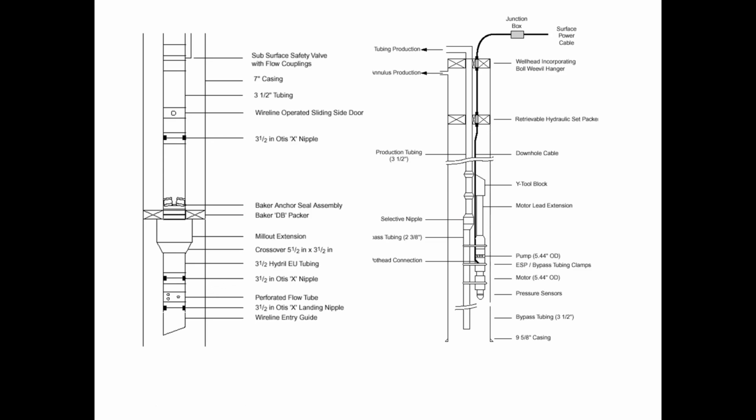But if you need to pull it out, you need a milling system to go down and cut the packer, to prevent the packer from falling inside. We put a catch sleeve that needs more space to open up, and then you pull the packer. So that's why there is a mill-out extension.